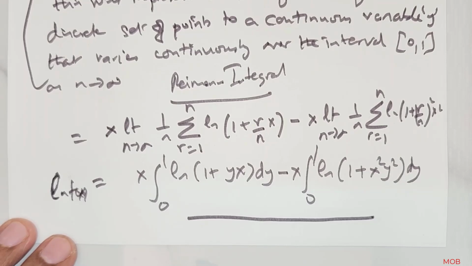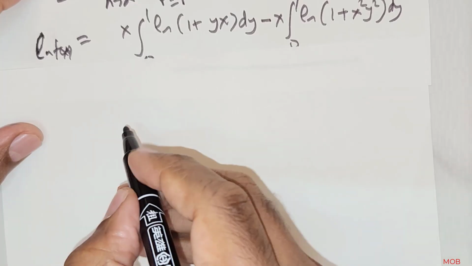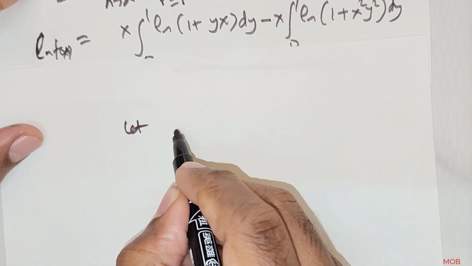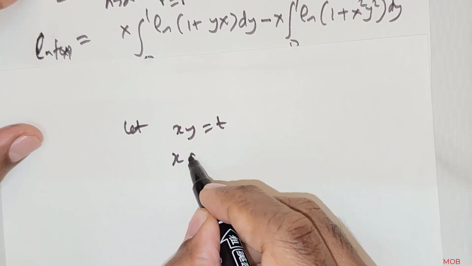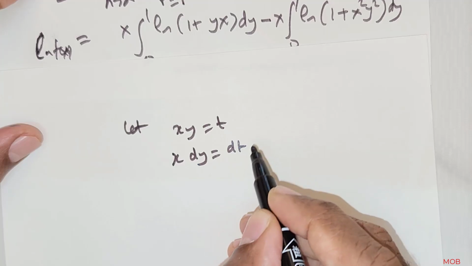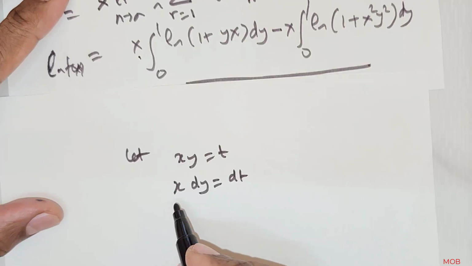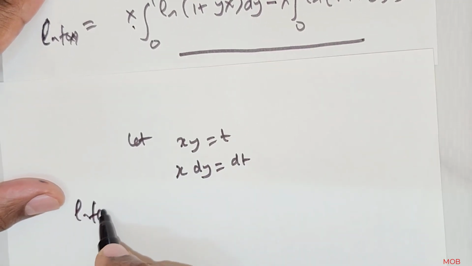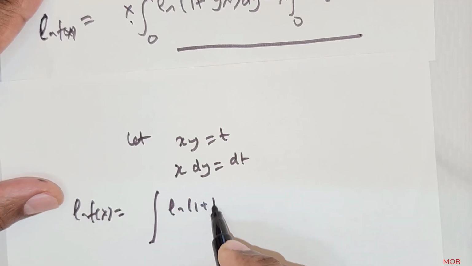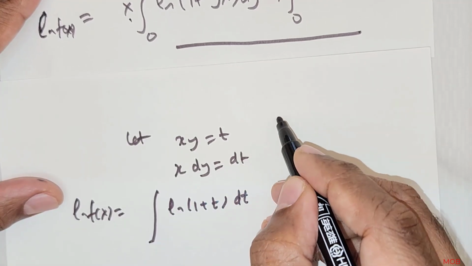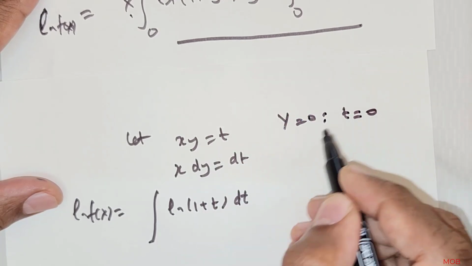So now we will have to integrate this. How are we going to integrate this? Let's see. Let xy be equal to t. X is treated as a constant. You differentiate y, you get x dy equal to dt. Over here, you see x and dy can be clubbed. So ln f of x is equal to integral of ln of 1 plus t times dt. Now when y is equal to 0, t is equal to 0.